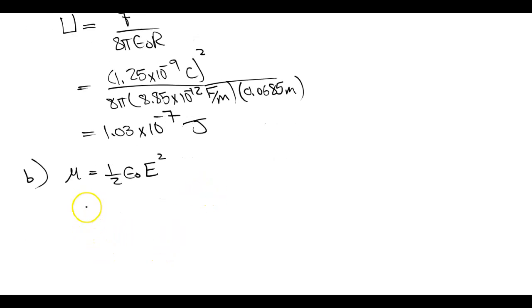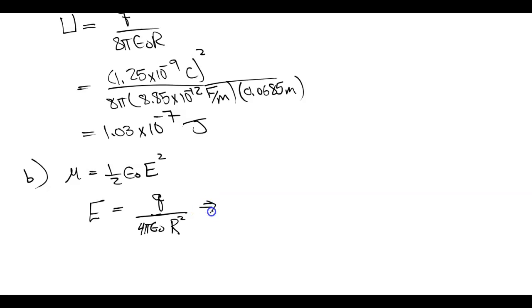And if you recall that the electric field for a sphere was given by the charge over 4 pi epsilon naught, we normally wrote this as k on the top, but since we have an epsilon naught in the equation, we might as well leave things as epsilon naughts divided by the radius squared.